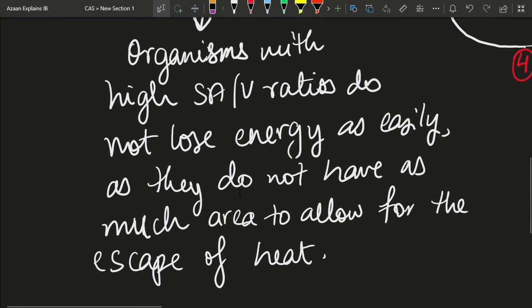So organisms such as humans, and organisms which are really large, do not lose energy as easily, because the volume, and hence the heat, is a lot more than the amount of area available for the heat to escape. There's less area for the heat to escape, hence we do not lose heat as easily.